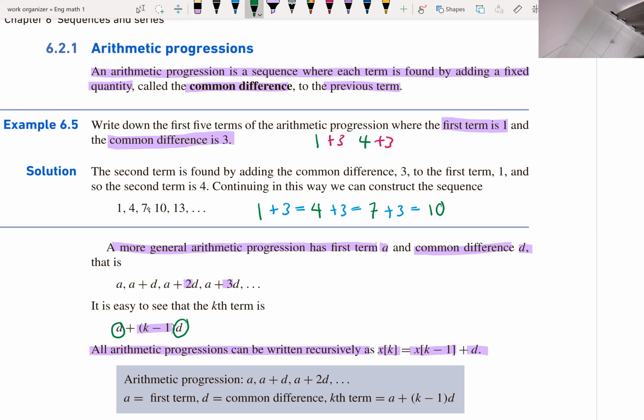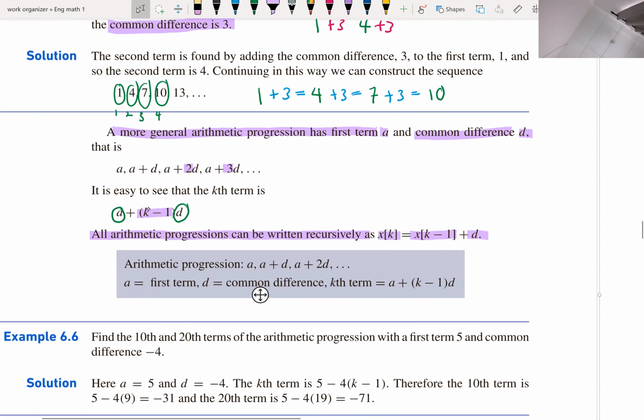That's why this is the sequence: 1, 4, 7, 10, and so on. So this is the first term, second term, third term, fourth term, and so on.